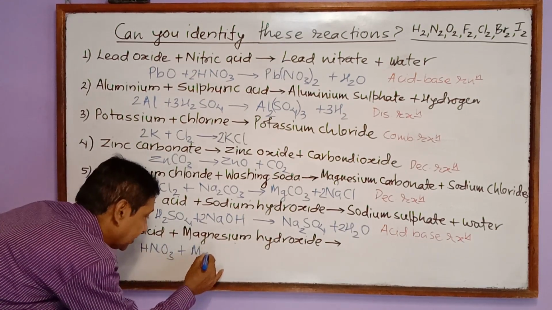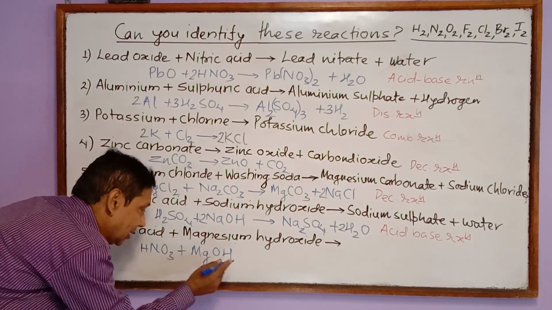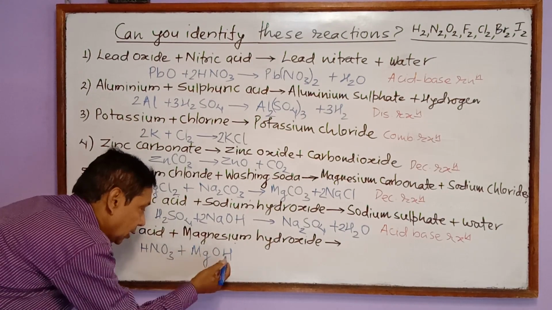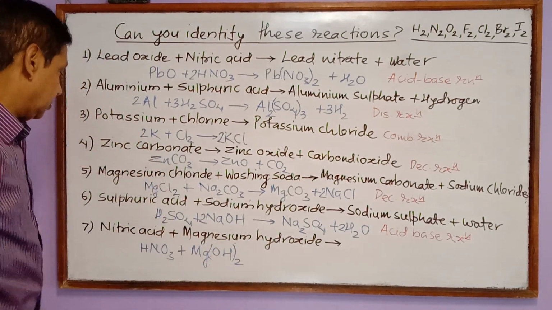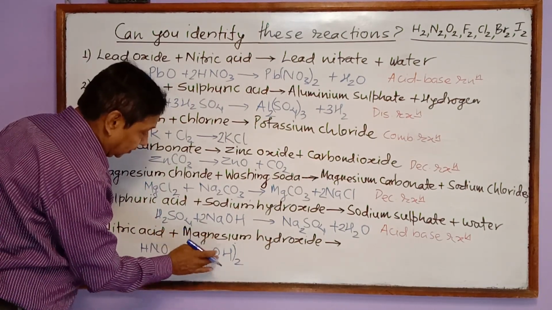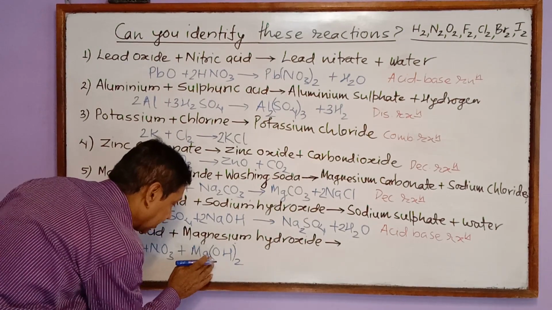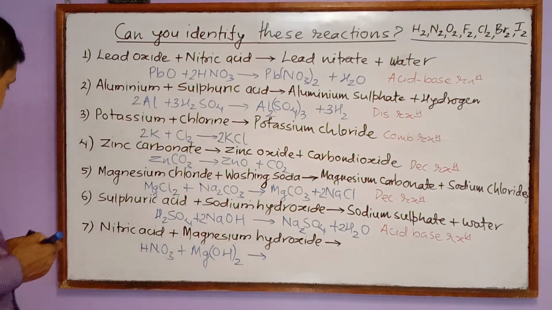Magnesium hydroxide: magnesium Mg, hydroxide is OH. Magnesium valency 2 is given to hydroxide. If we have to transfer valency to a radical, then we have to put that radical in brackets. That's why Mg(OH)2.